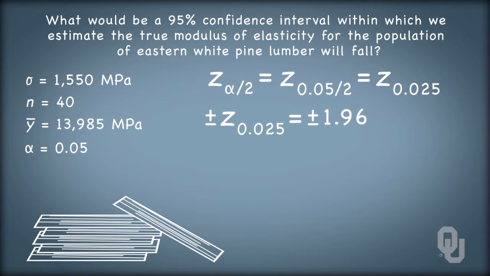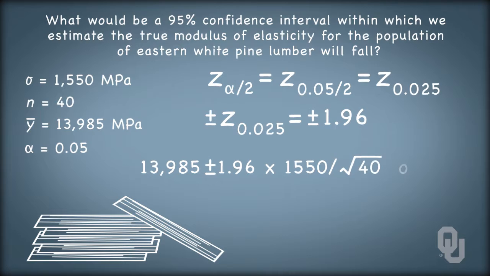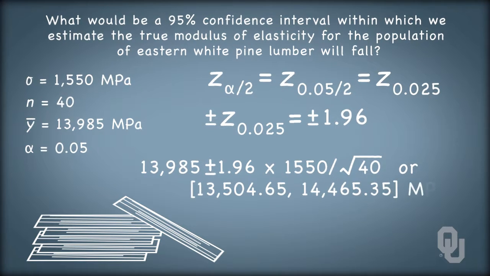Therefore, the 95% confidence interval is 13,985 plus and minus 1.96 times 1550 over the square root of 40, or 13,504.65 and 14,465.35 megapascals.